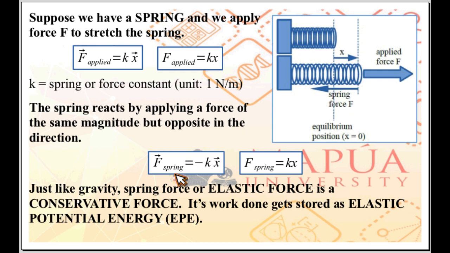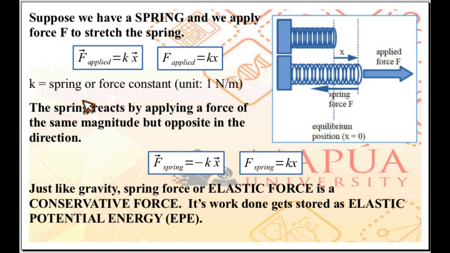F spring again is equal to negative kx. For magnitude, you just remove the direction: F spring is equal to kx. F spring is equal to negative kx. This is what we refer to as Hooke's Law.